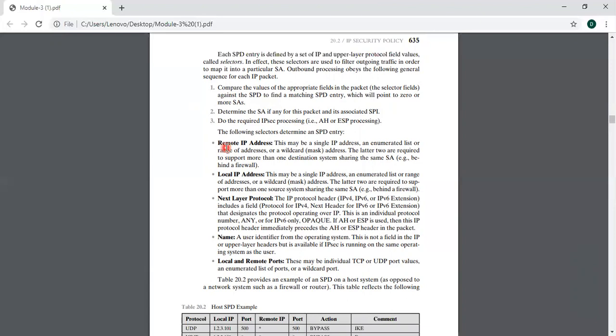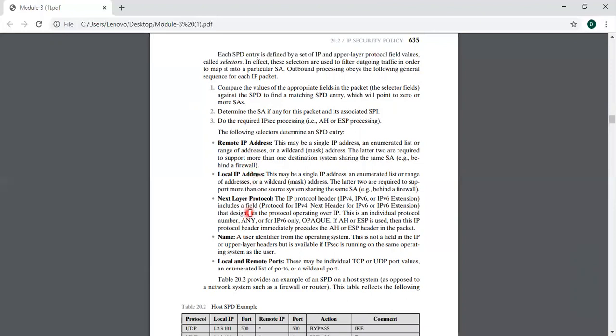So the remote IP address is required to support more than one destination system, and the local IP address is required to support more than one source system.